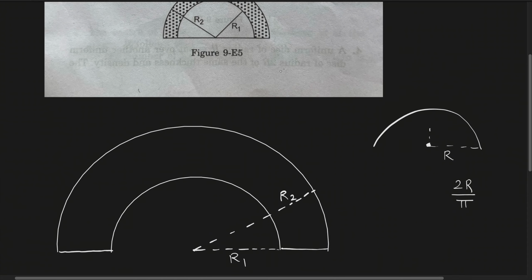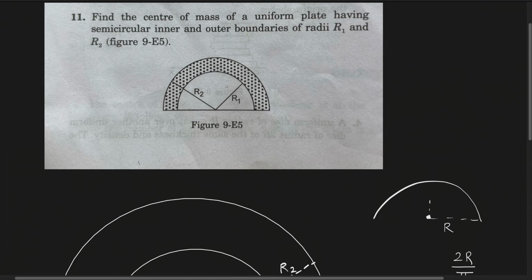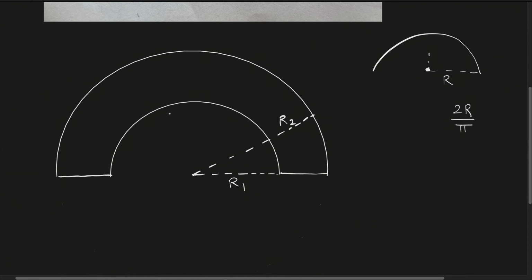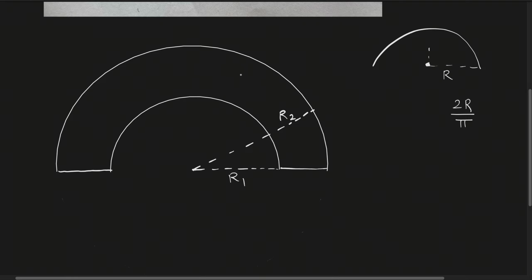We have to find out the center of mass of this body. So how will we do that? We will consider that this entire semicircular disc is made up of many semicircular wires. Now we can assume a semicircular ring over here, like this, of a certain radius small r.